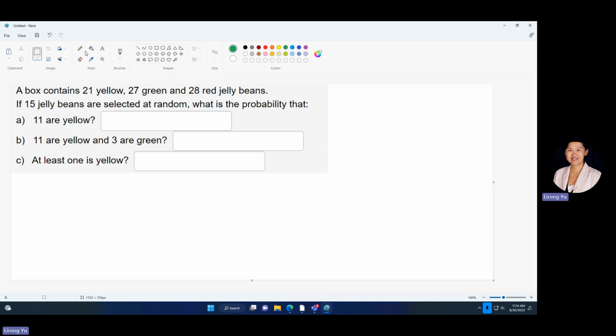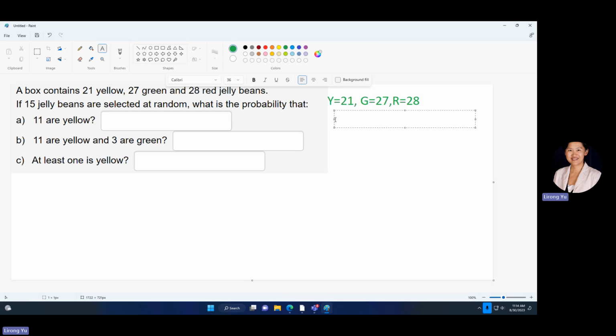All right, so we can first look at the total. Yellow is 21, green is 27, and red is 28.